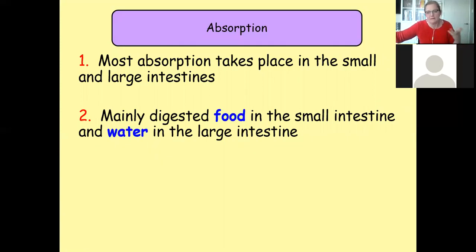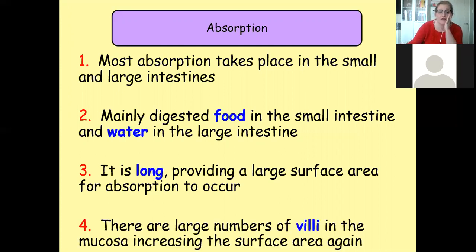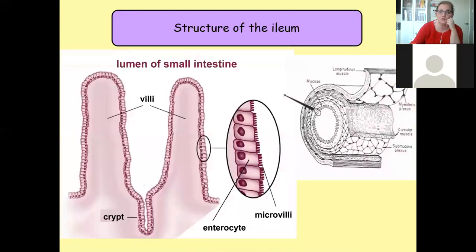There can be bits of food absorbed in the large intestine, bits of water absorbed in the small intestine, but generally that's the way it works. It's long, so it provides a large surface area for absorption to occur. The small intestine and large intestine added together are long, which means we've got a large surface area. And we have a large number of villi in the mucosa, increasing the surface area again. So we've got that increased surface area for absorption.